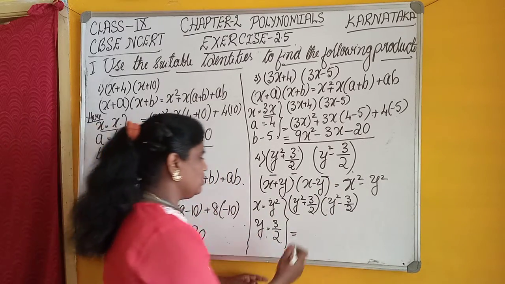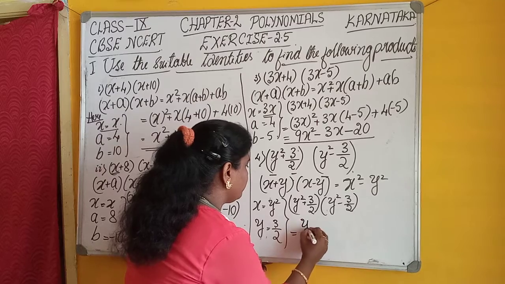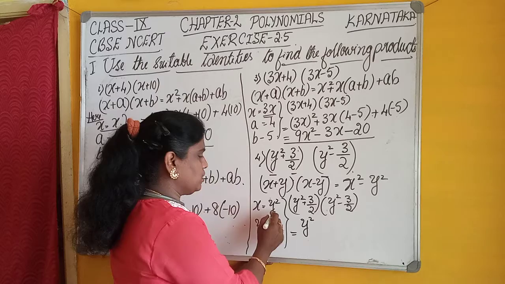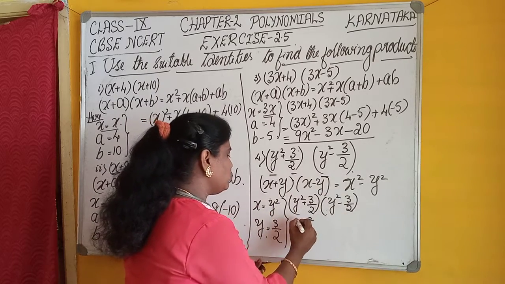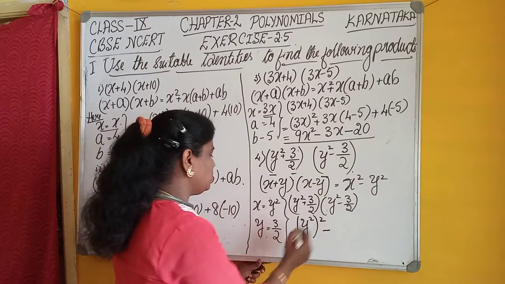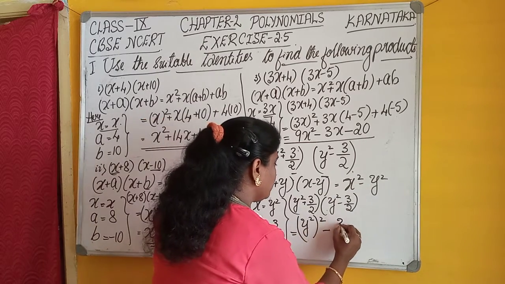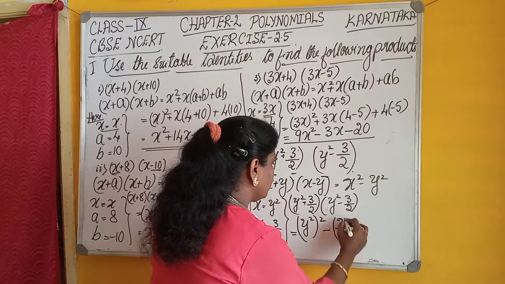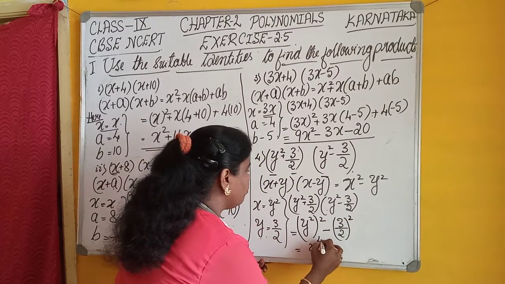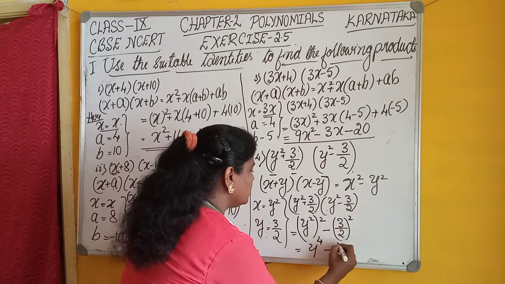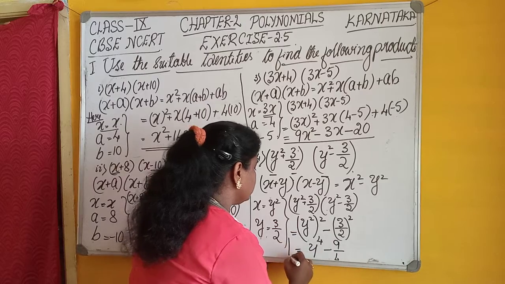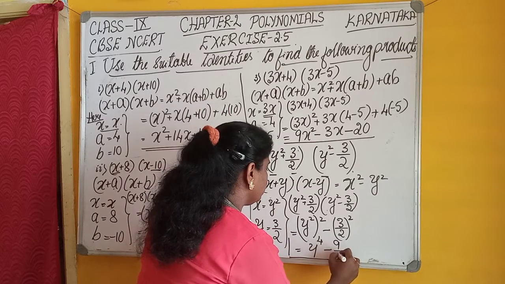X is y square, so x square means (y square) whole square, minus y square, where y is 3 by 2, so (3 by 2) whole square. If we simplify this, what we get is y to the power of 4 minus 3 square by 2 square, that is 9 by 4. Here we got the product.